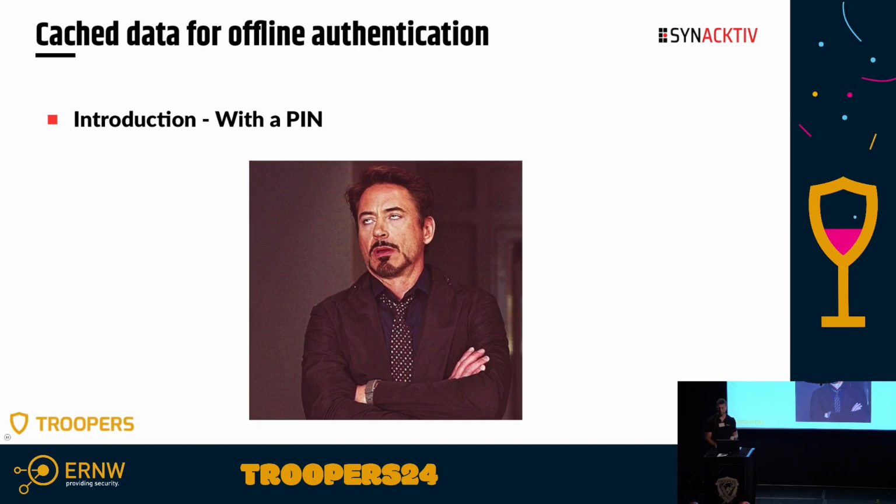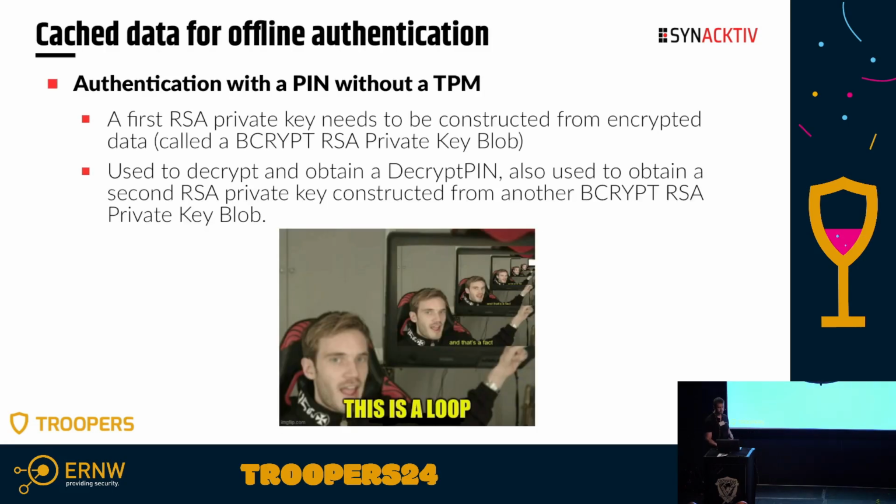So for now, we know what NGC is, and we see how the pin interacts with it. I'm sorry, the brownie points are not finished yet, as we will have to talk about cryptography again. But remember that our goal here is to decrypt the cache data file by finding the pin. Without any TPM, it's a quite complex process.